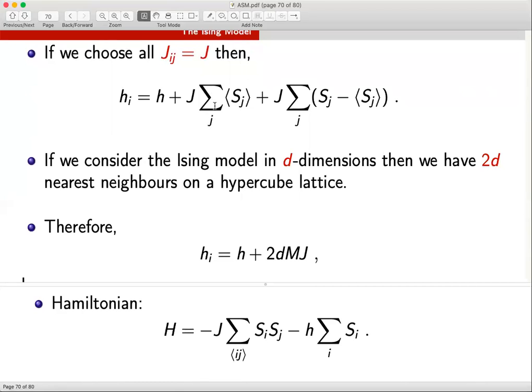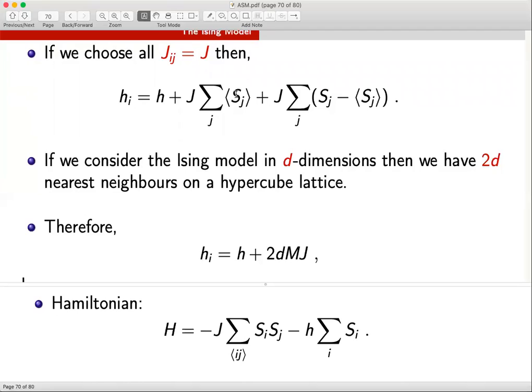This sum over j would be over 2D values. So this sum would involve a factor of 2D times J times the expectation value of all the nearest neighbor spins, which would give you an average magnetic field.